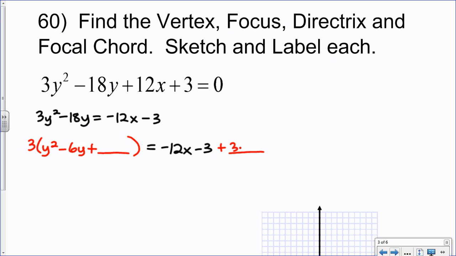Okay, complete the square, b over 2 squared. So my b, I'm just looking inside, is negative 6. So I get negative 3 squared, which is 9. So I put 9 here on the left, and on the right, I'm doing 3 times 9, so I'm actually adding 27.